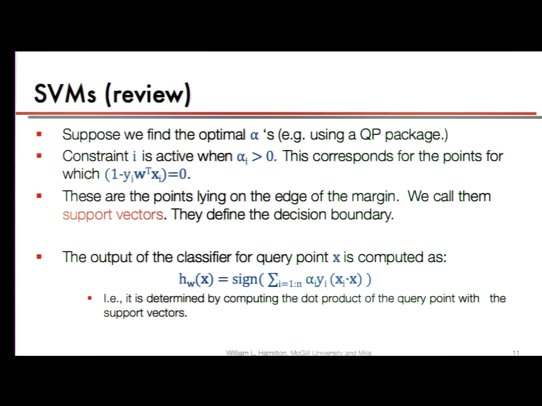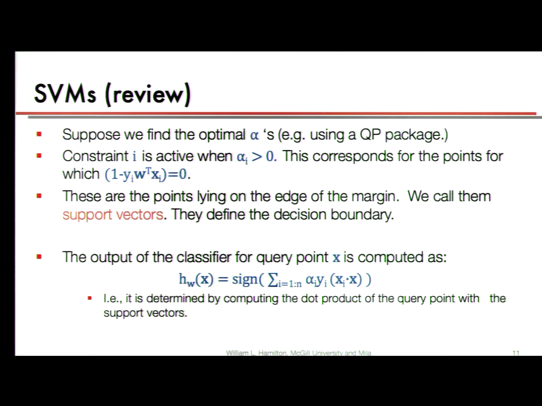So at the end of the day, our prediction on a point x is given by this function here. We're summing over all of our training points, taking these alpha i's that we're learning, and multiplying these alpha i's times the class value for that point, so 1 or -1, that's the y value, and then the dot product of the feature for that point and the feature of the point that we're trying to predict for.